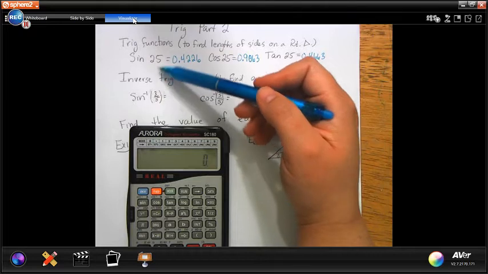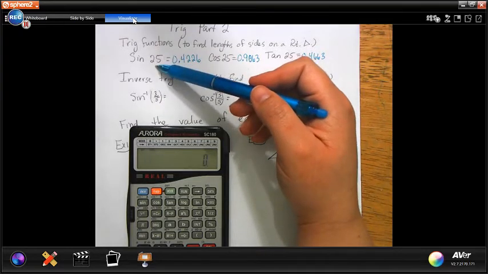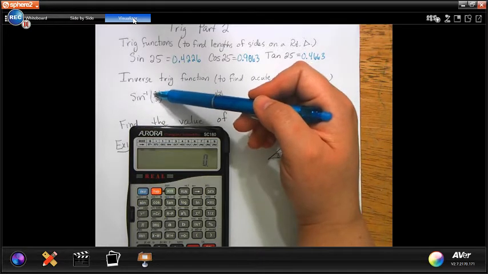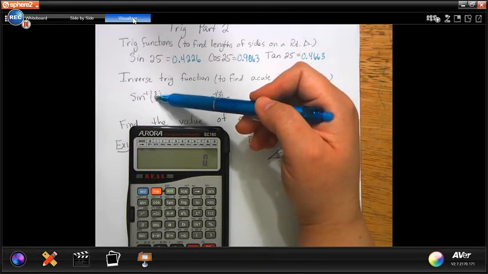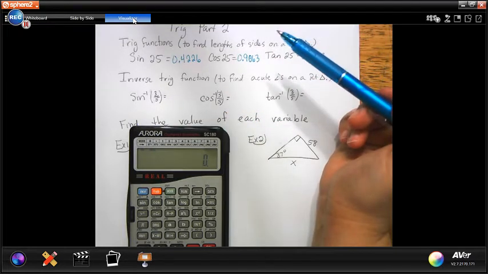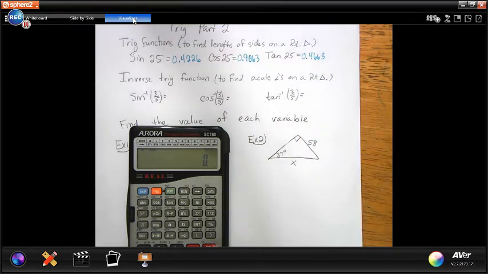Instead of having the angle here and getting a length, here we're going to have the length, our fraction, our ratio, go here, and we're going to get an angle in degrees. And these are usually to the nearest degree. They don't usually tell you to round the degree to the nearest tenth.